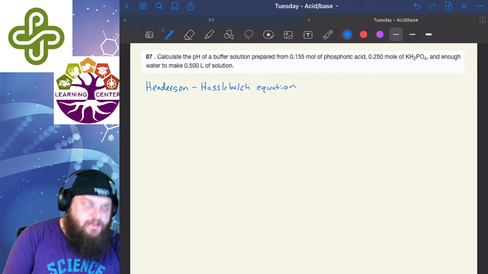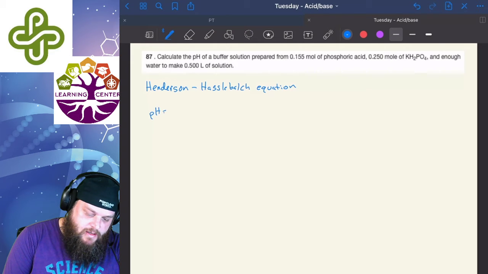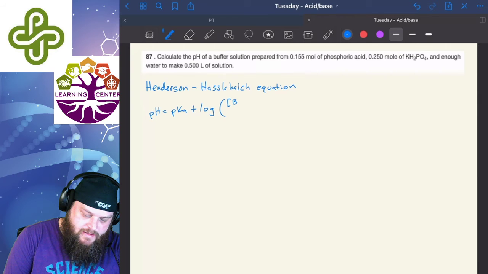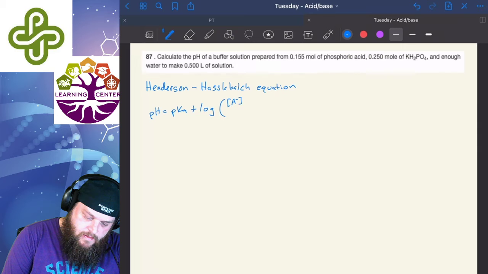And that states that the pH is equal to the pKa plus log of the concentration of the base, so I'll actually put A minus, divided by the concentration of the acid.